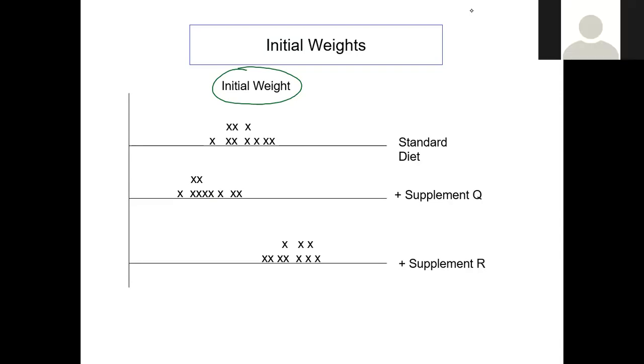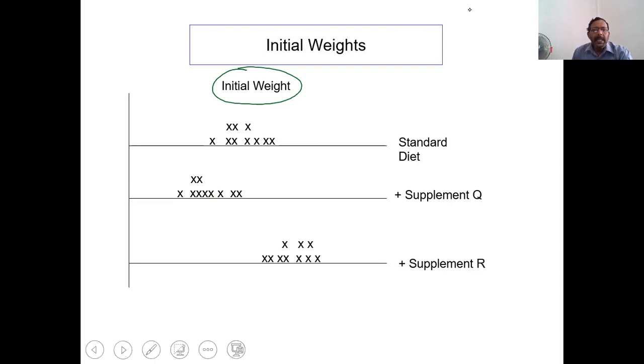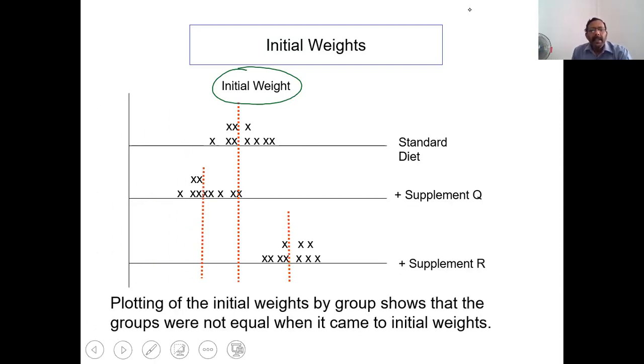So I'm putting them on a scale again, just to show you. If you put it on a scale, you see here, they are having different average initial weight. I'm just taking the average initial weight, then only we can explain this easily.